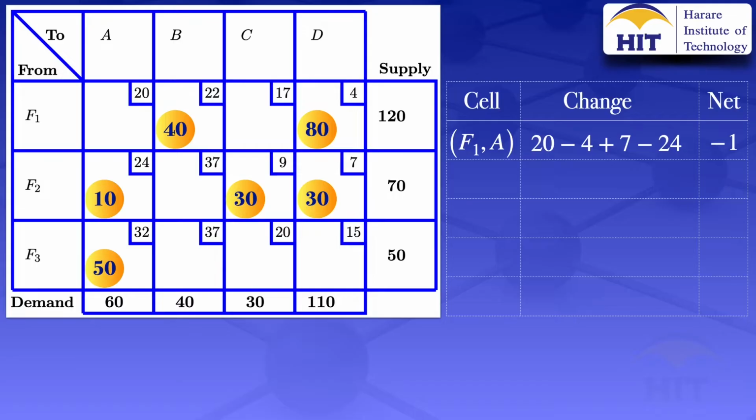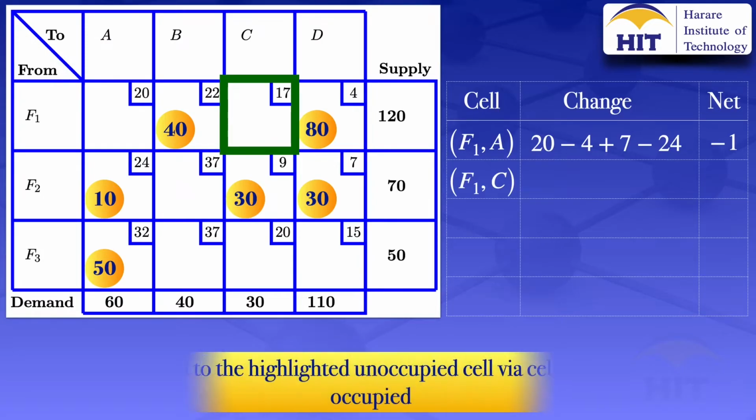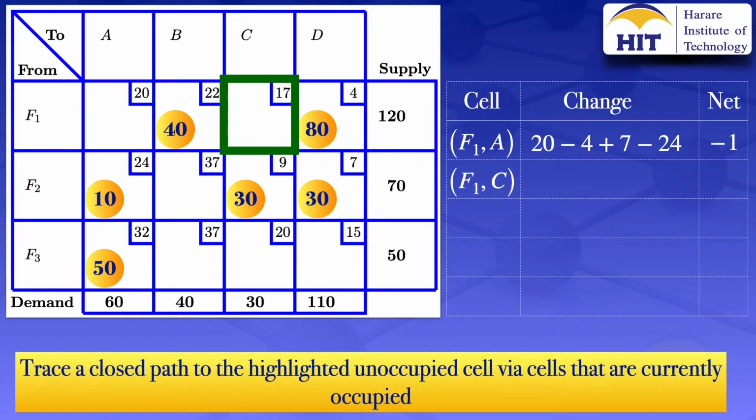The next unoccupied cell is this one here, cell F1C. So that's the cell that we are now looking at, and we go on again and trace a closed path to this highlighted cell via cells that are currently occupied. So we start from this cell. If I add here, for us to remain balanced, I would have to go here, then subtract.